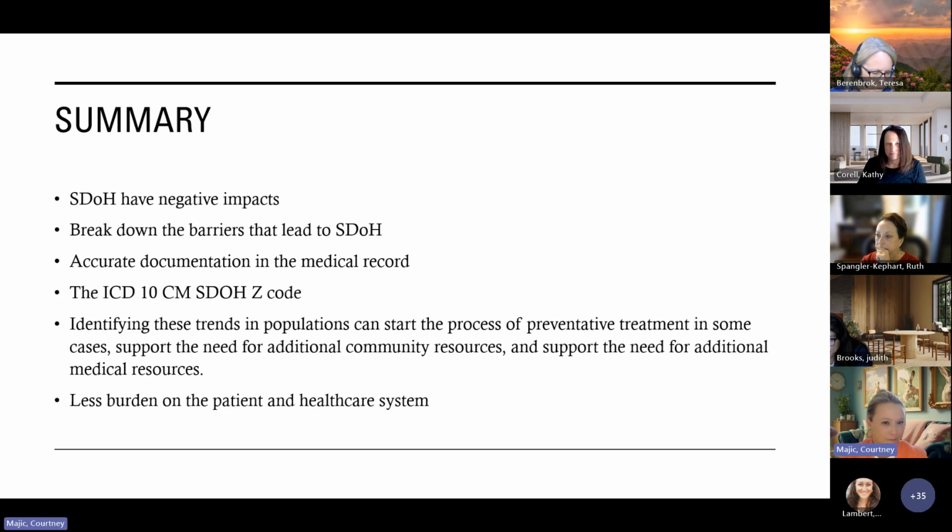So in summary, social determinants of health have negative impacts. To help break down the barriers, we need to collect the data, have accurate documentation, and work with multiple different teams, within the organization and outside of the organization, to help these populations when we identify the trends and start the process of figuring out what resources they need.